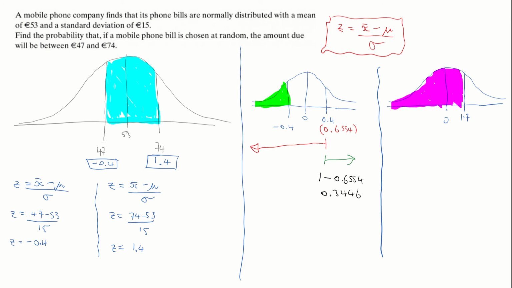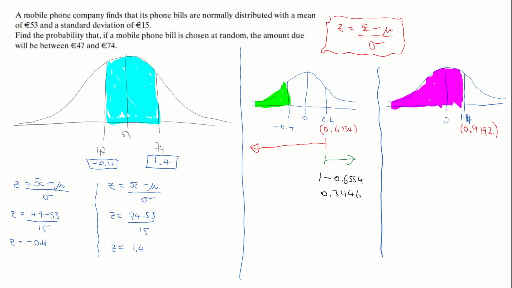And in my log tables, 1.4, sorry, my fault, 1.4 is giving me 0.9192. So let's just write that in, 0.9192. Okay, now I don't need to take that away from 1 because that is what I wanted. I wanted everything to the left of 1.4, and that's what I found.